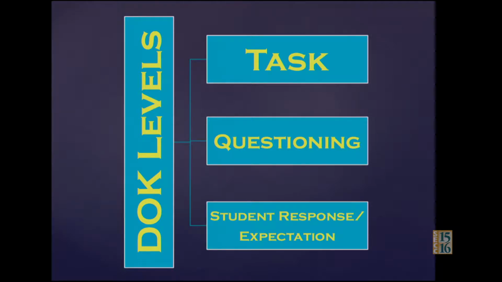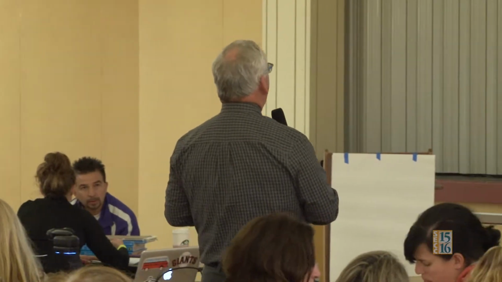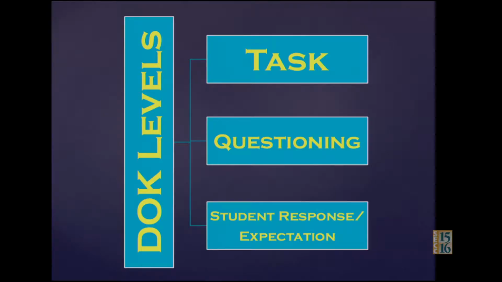They put in scaffolded questions that led the students to the task, because they did not get the response from the students that they had expected. So they changed the questioning. They scaffolded in questioning.